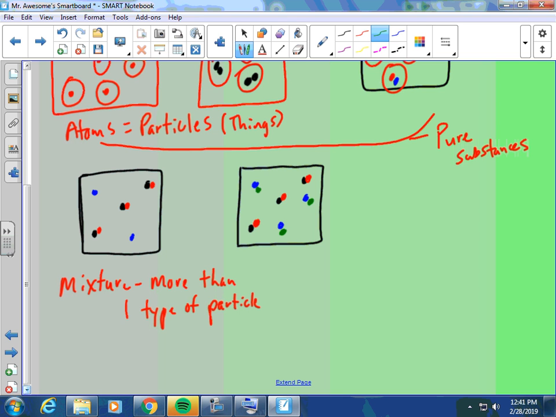All right, so here we have more than one different type of particle. We have particles that are black and red stuck together. We have particles that are green and blue stuck together. They're all different compounds, so it's a mixture of two compounds. Does that make sense?